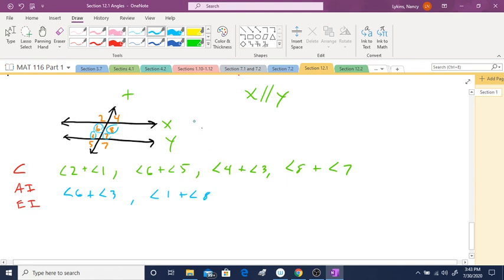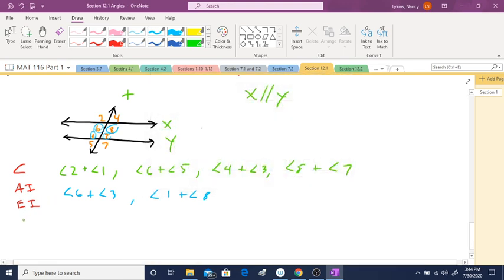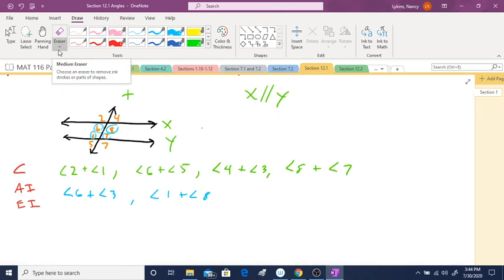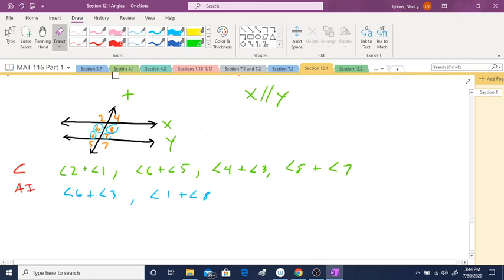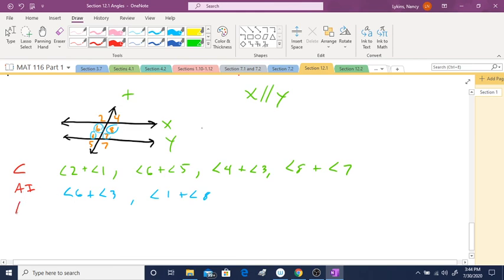And this is the alternate exterior. Okay?